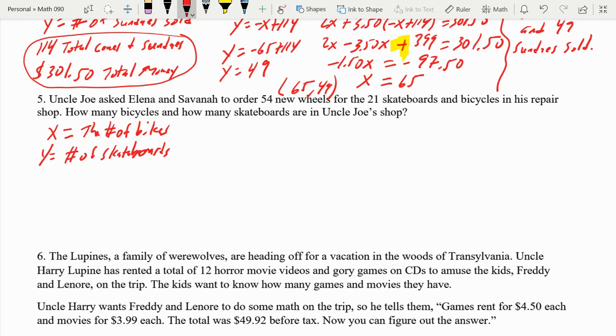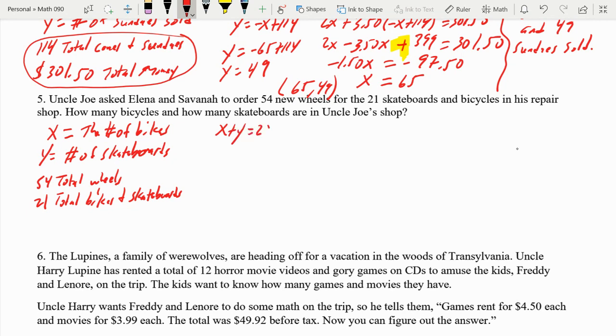All right. Well, they told us that there were 54 total wheels. There were 21 total bikes and skateboards.